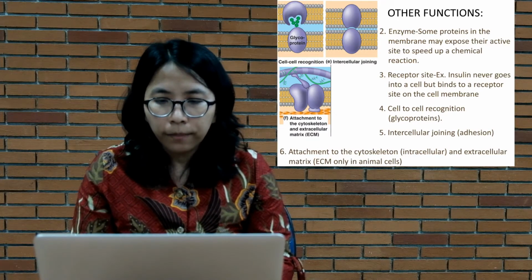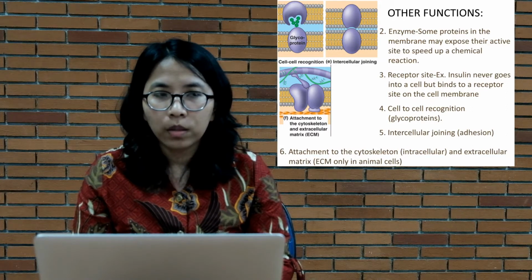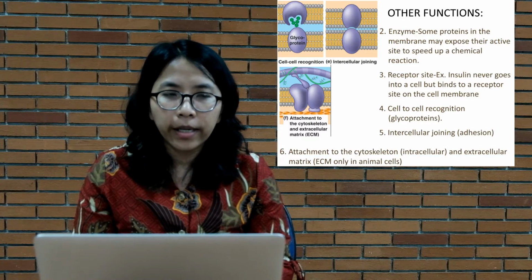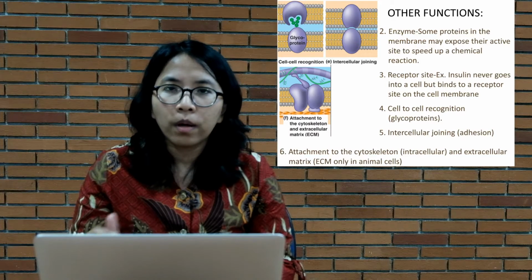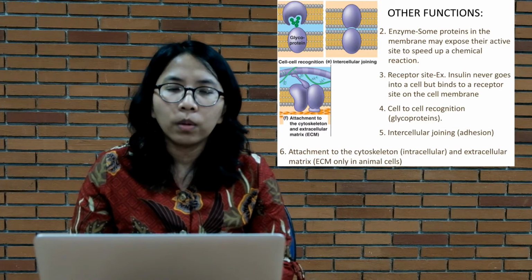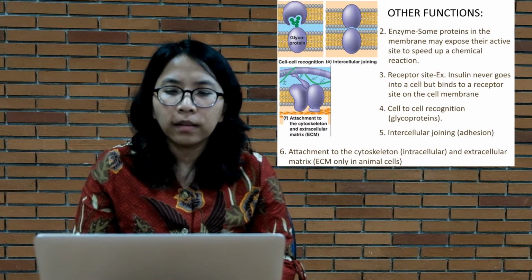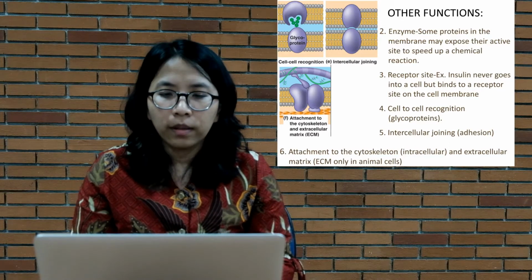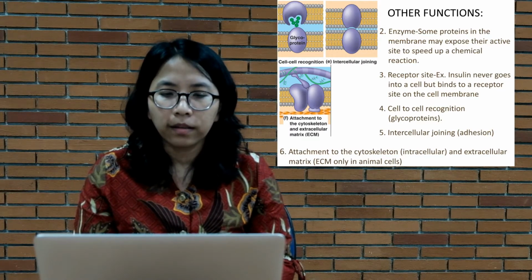The next function is cell-to-cell recognition. So we can differentiate between nerve cells or myocyte cells or other cells by looking at the cell-to-cell recognition, the marker of the cells.